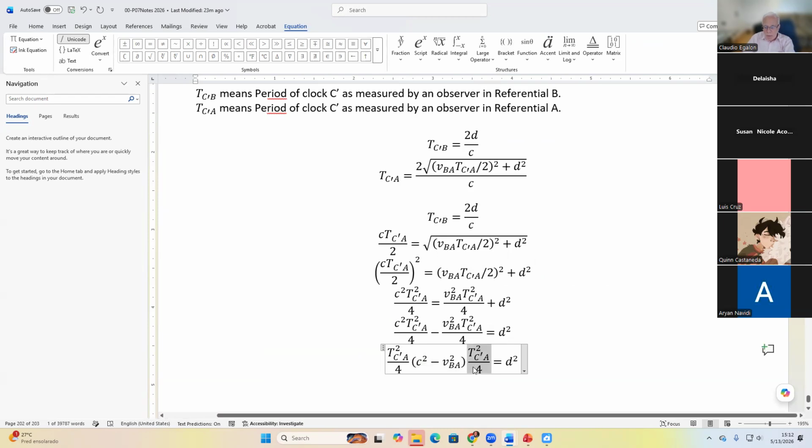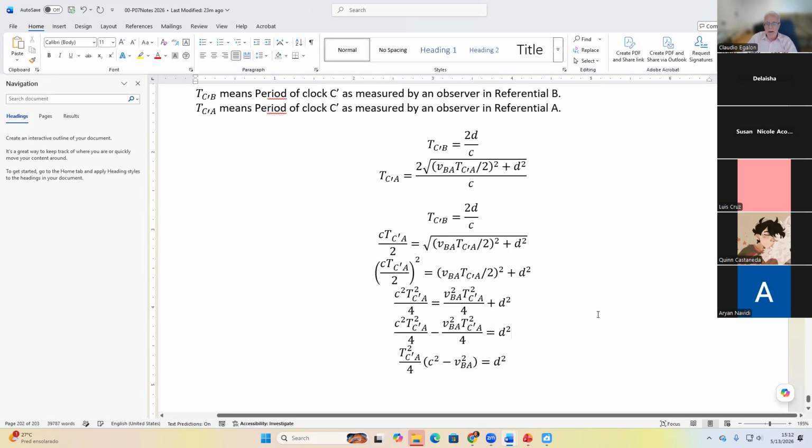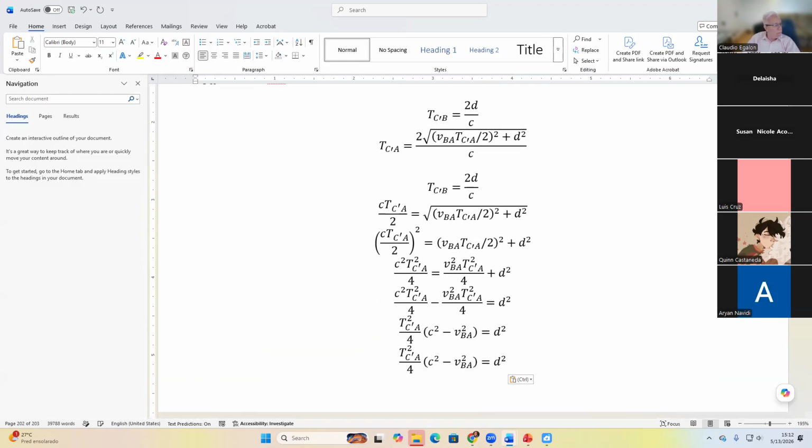And then we get rid of this one here. We go for another step. And the step is going to be 4 here.